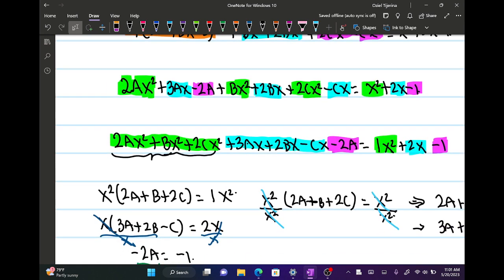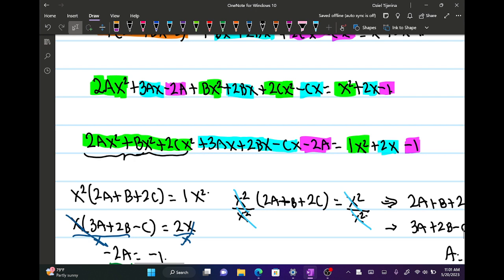Okay, now this is where it gets a little bit tricky. Each of them had its own coefficient of x. There was x squared, there was 2x, there was negative 1. So there was an x squared term, an x term, and a constant. I separated all the x squared terms and put them together.